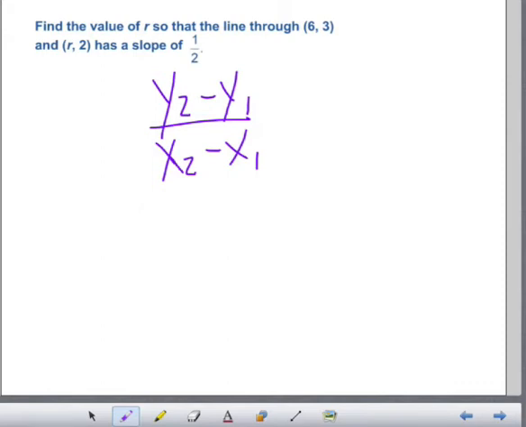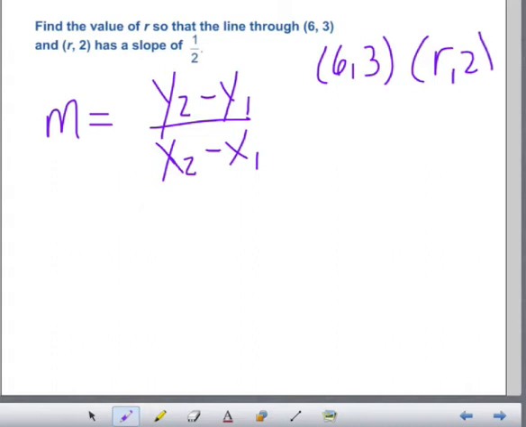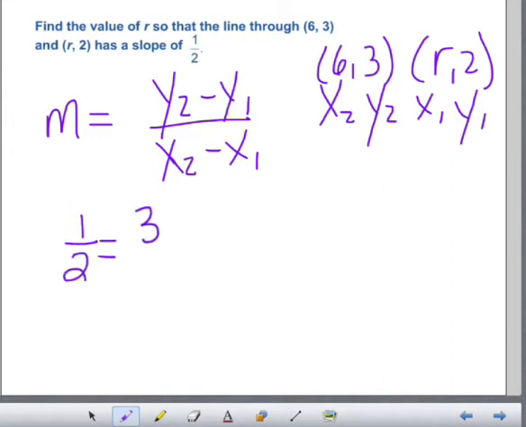So if I know that's what the slope is equal to, and you'll learn in the next chapter, not in this chapter really, we're going to designate the slope with the letter M, but it doesn't really matter at this point. And I have my points (6, 3) and (R, 2). Let's go ahead and label those. X2, Y2, X1, Y1. And let's plug in what we know. I know M, or my slope, is 1/2. Y2 is 3, minus Y1, which is 2. X2, which is 6, minus X1, which is R.